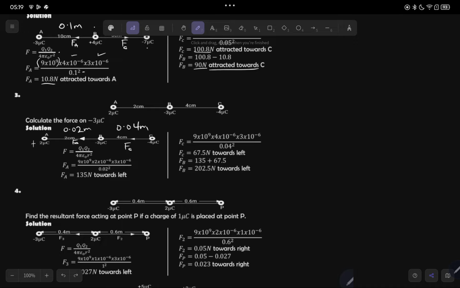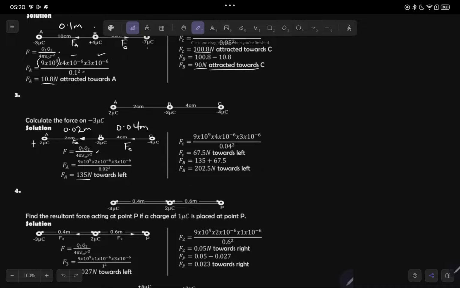Our formula still comes in. Electrostatic force, Coulomb's law, is Q1 Q2 over 4 pi epsilon naught r squared. Then we substitute in all the values of the charges. Note that in these questions, we are not substituting the sign of the charges because the law talks about the product of the magnitude of charges. So irrespective of the signs of the charges, we put there just the magnitude of the charges. So here we get 135 newtons as Fa, which is towards the left, being attracted toward the positive 2 microcoulomb.